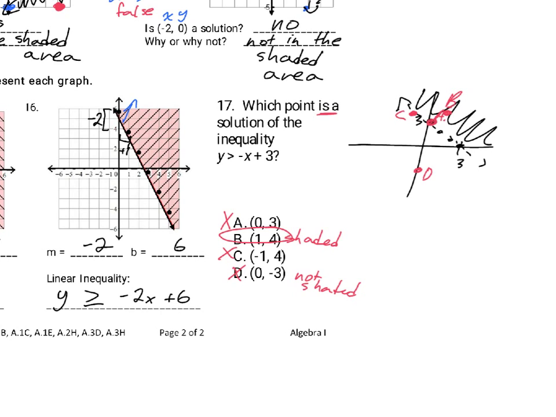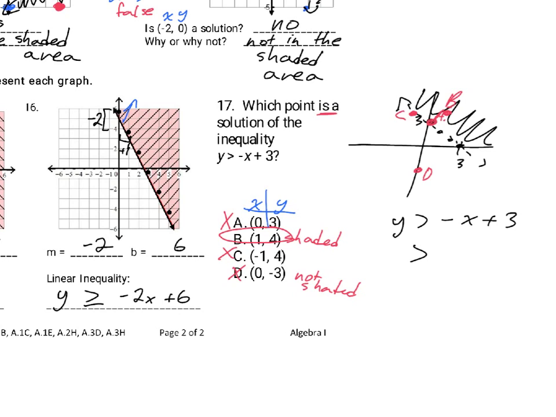But let me show you how to do this algebraically. If I plugged these points in, these are all x's and these are all y's, right? I want to know which one's a solution, which one makes that inequality true. So just for this one right here, I'm going to do y is greater than negative x plus 3.